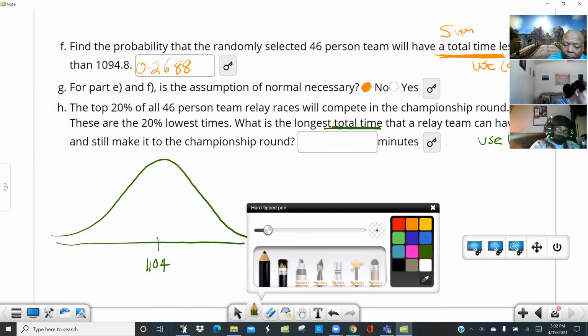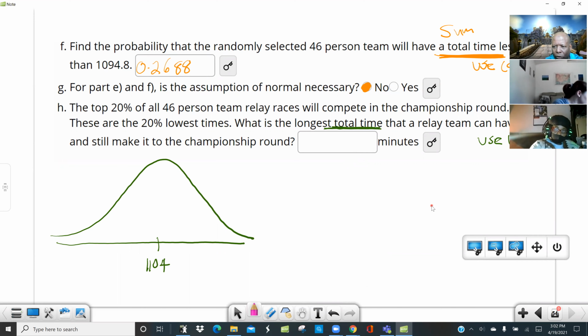We are saying out of all these competitors, the top 20% are the ones they want to continue to the next level. So in other words, there's a cutoff number right there where the 20% fastest people are going to be. So this is asking for the 20th percentile.